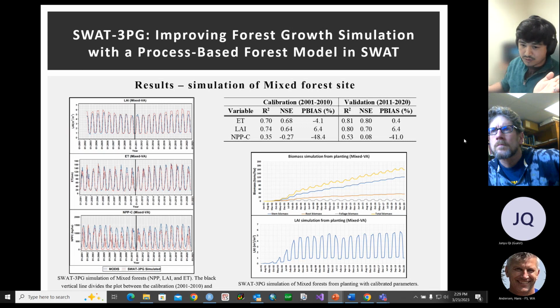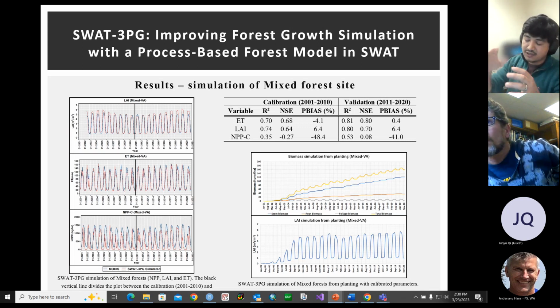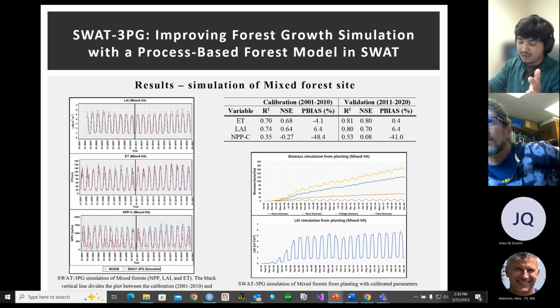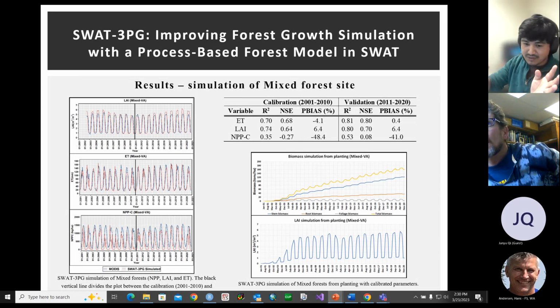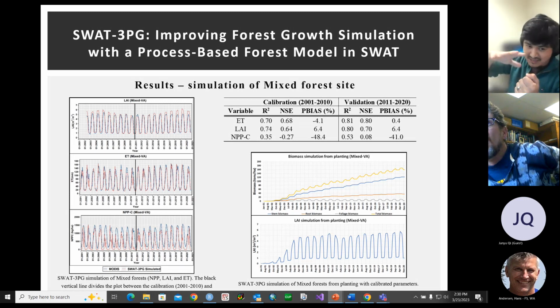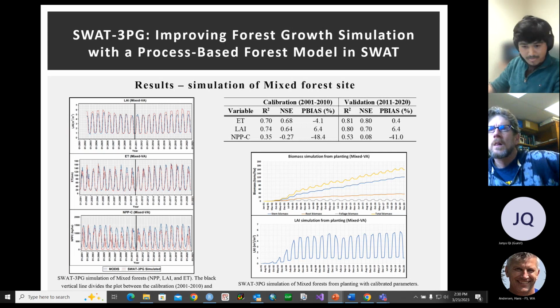And we wanted to see how the different forest components were simulated, and it simulated well, right? This also showed that although we are using a hypothetical approach to simulate mixed forest systems, where we are only simulating one plant type instead of multiple plant types, we can still capture the trend of LAI, biomass, and ET for a mixed forest site as well, right?